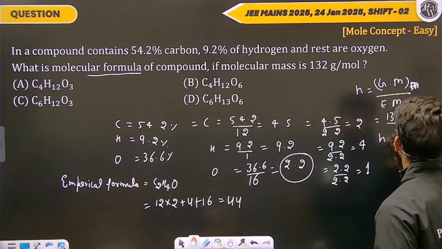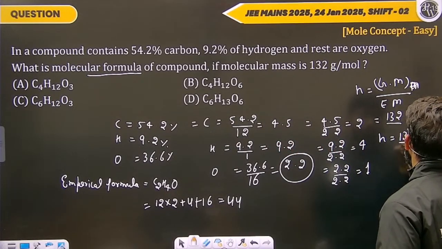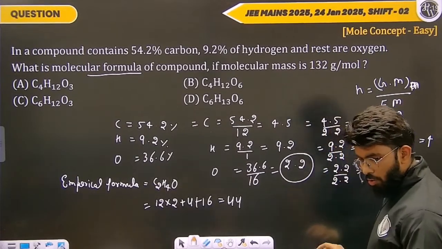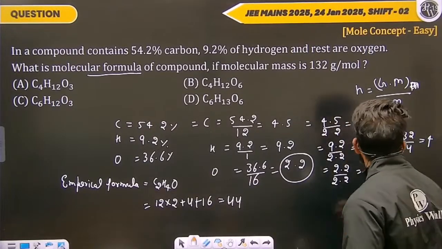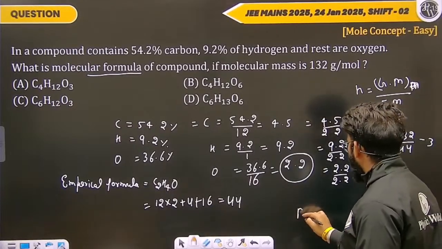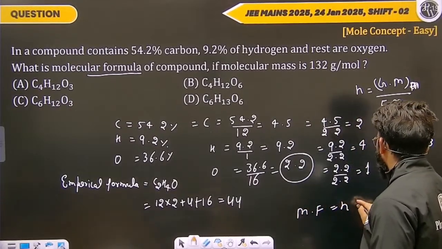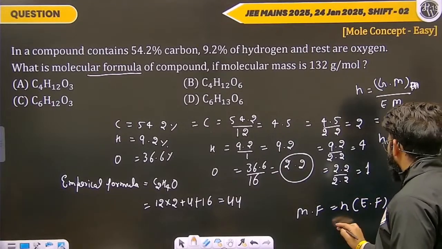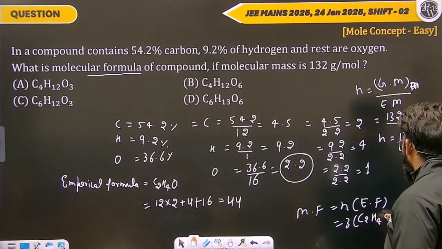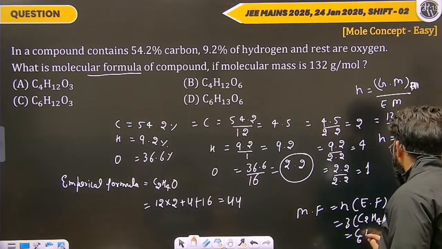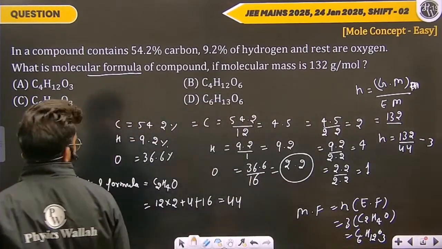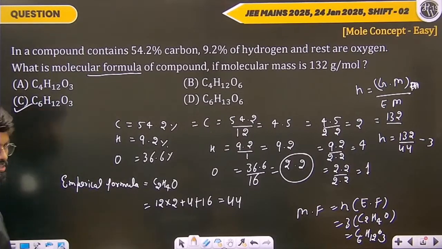Now n is 132 divided by 44, which gives 3. The molecular formula is n times the empirical formula, so 3 into C2H4O is C6H12O3. Now we check the answer. Answer C is the correct match. This is your right answer.